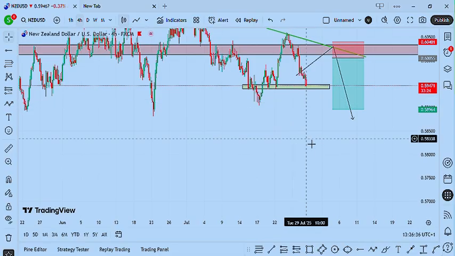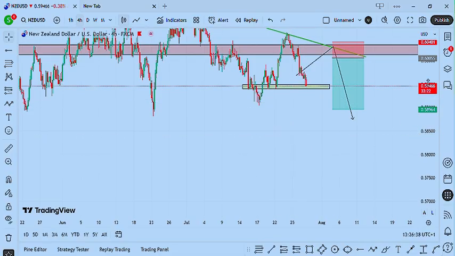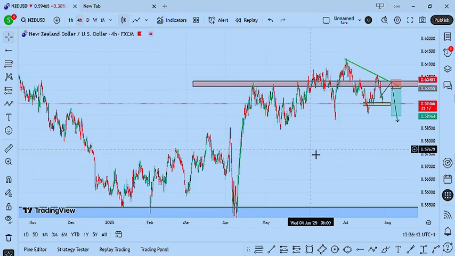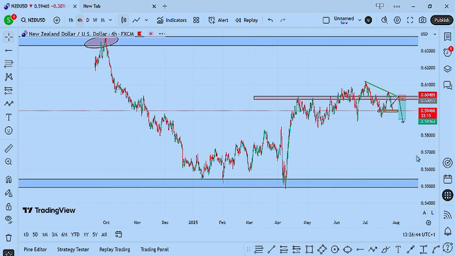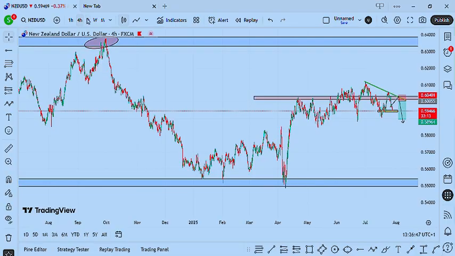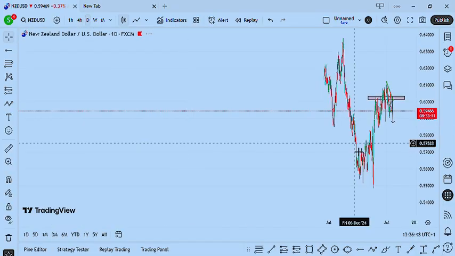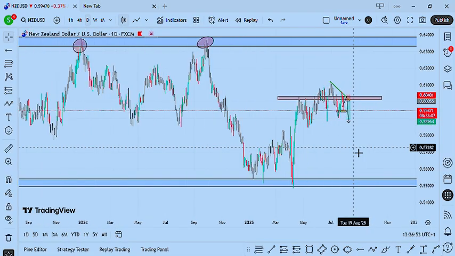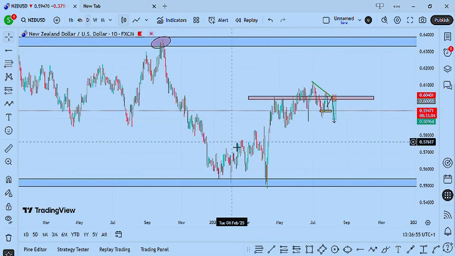What's happening to my drawings? Is it my network? What's going on here? I think it's my network. Can't send this drawing again. There was a line here.